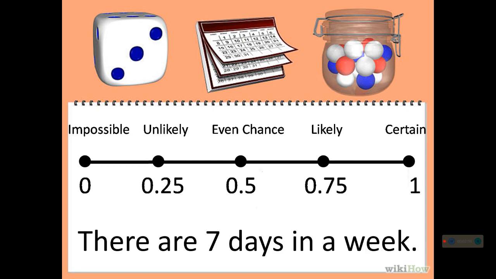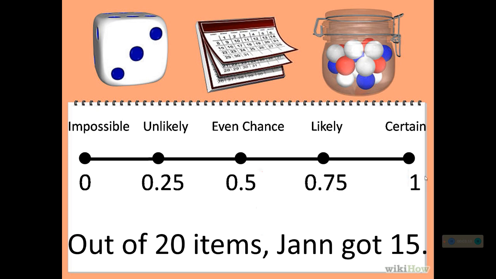So let's have this statement. There are 7 days in a week. What is the probability of this? Okay, that's correct. We have certain, or 1. Next. Out of 20 items, Jan got 15. What is the probability of this?